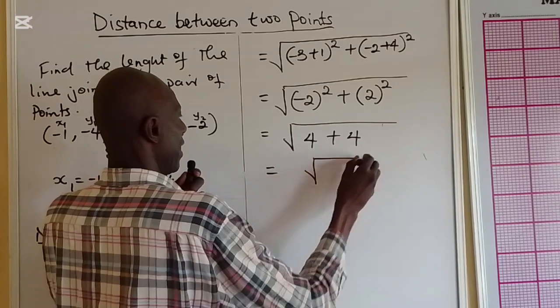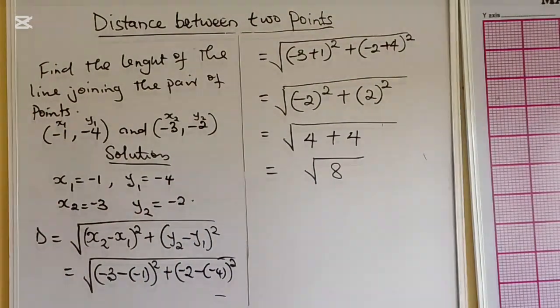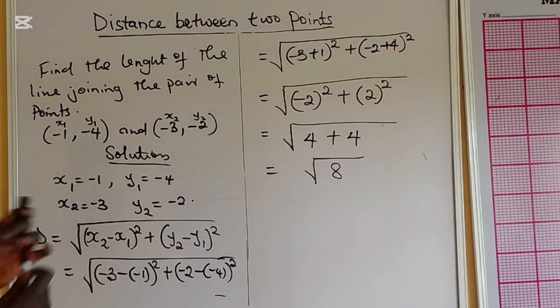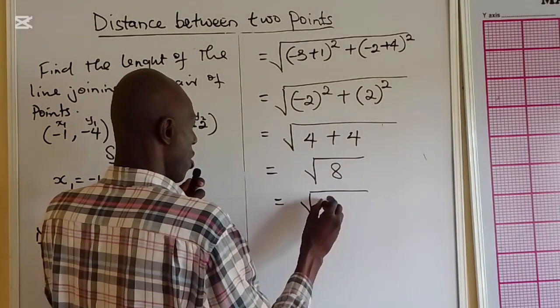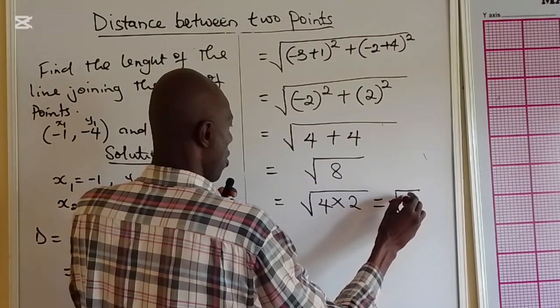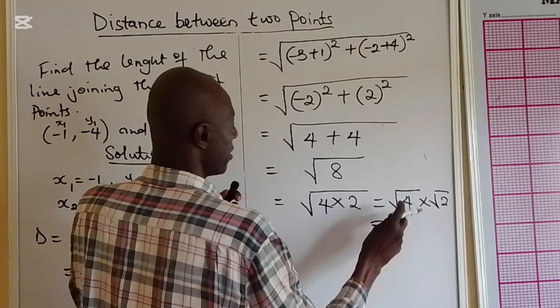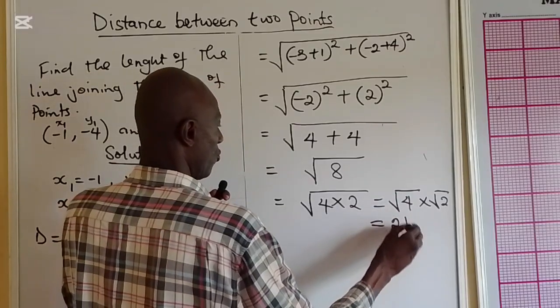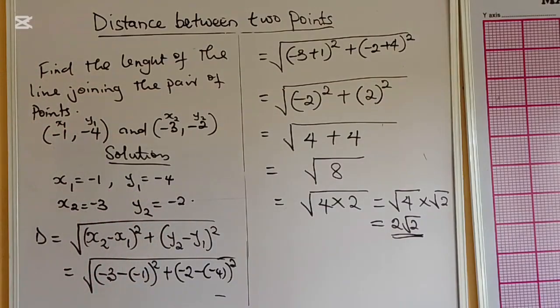So here is 8. We can simplify it in surd form. 8 means 4 times 2, which means root 4 times root 2. And root 4 is 2. So the distance is 2 root 2.